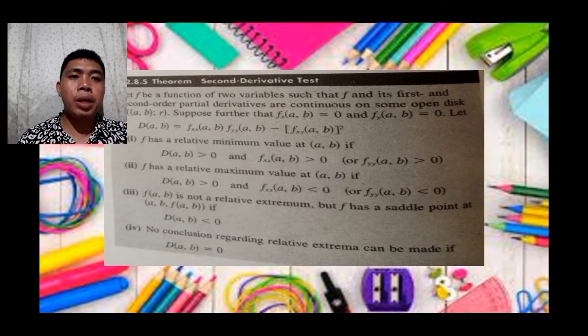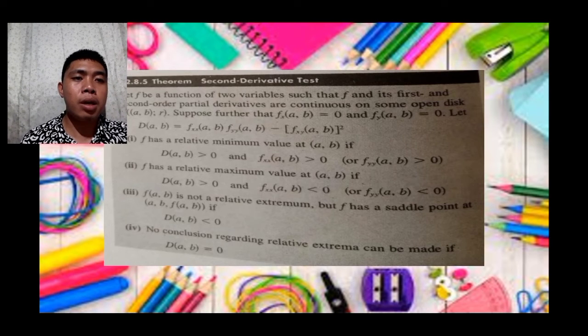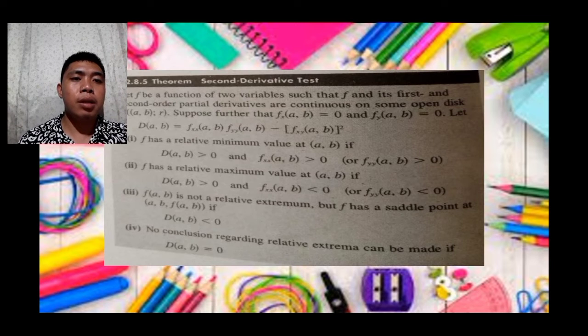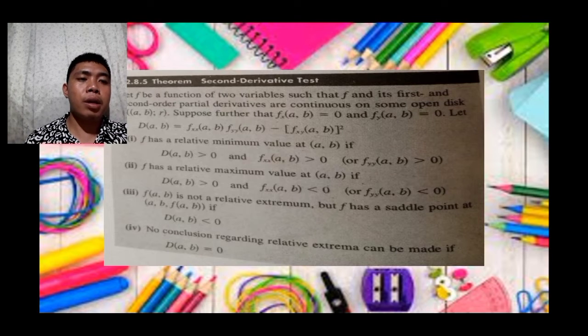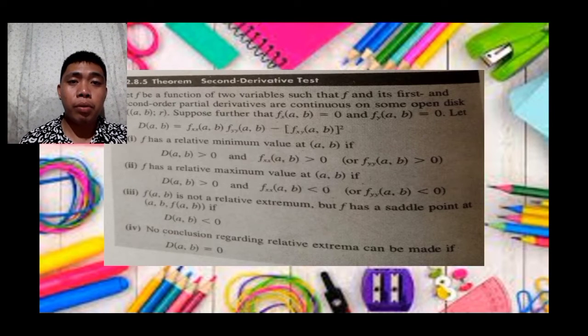f has a relative maximum value at (a, b) if D of (a, b) is greater than 0 and f sub xx of (a, b) is less than 0 or f sub yy of (a, b) is less than 0.